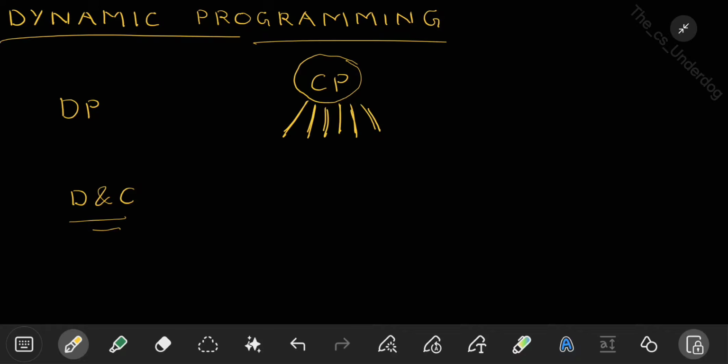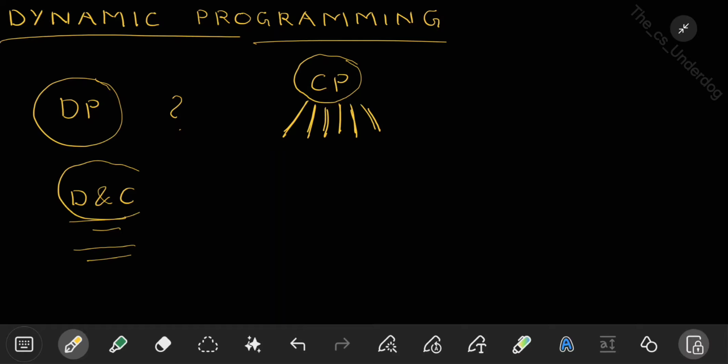Then the question is, how is dynamic programming different from divide and conquer? Or what is it that makes dynamic programming capable of solving those problems which are not handled correctly by divide and conquer? The answer lies in the key idea behind dynamic programming.